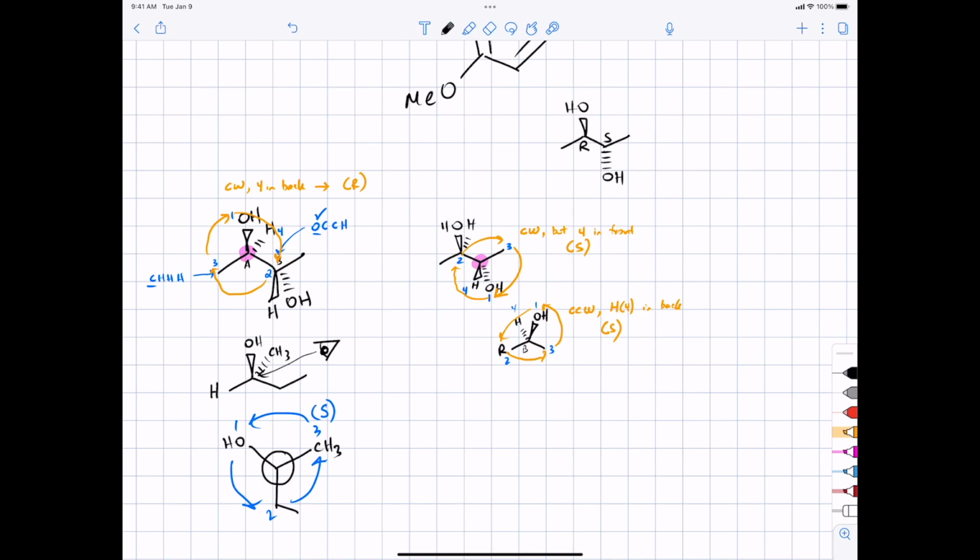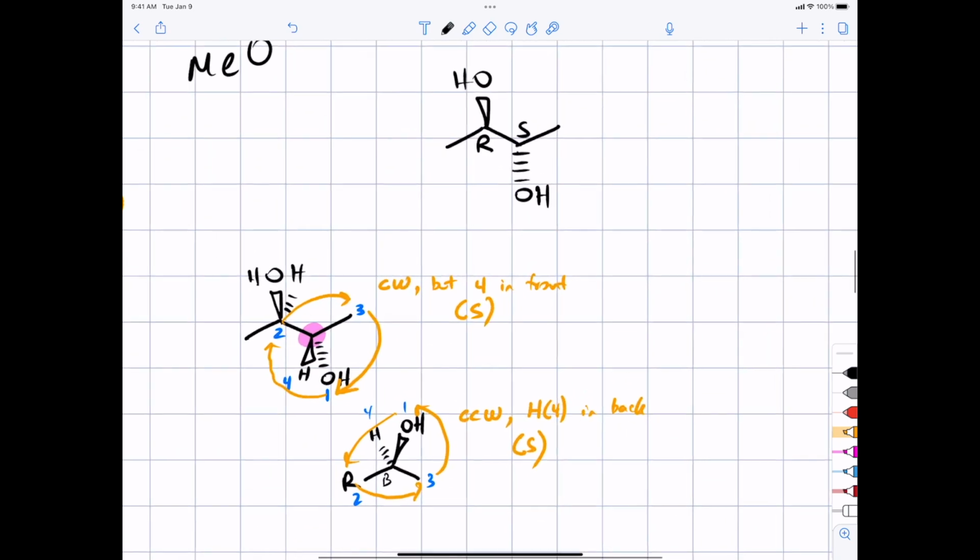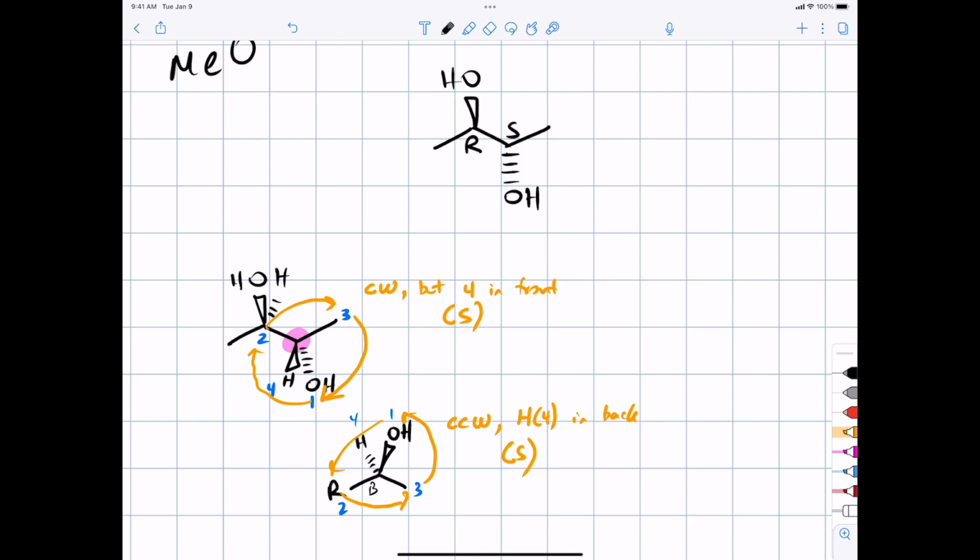So what would the name be of the whole molecule? Where would you put the R's and S's? You would number the carbons. This is a butane diol because it's got 4 carbons and 2 alcohols, and those are the highest priority functional groups. So it would be 2,3-butane diol, and in the front you put the stereochemical configuration.